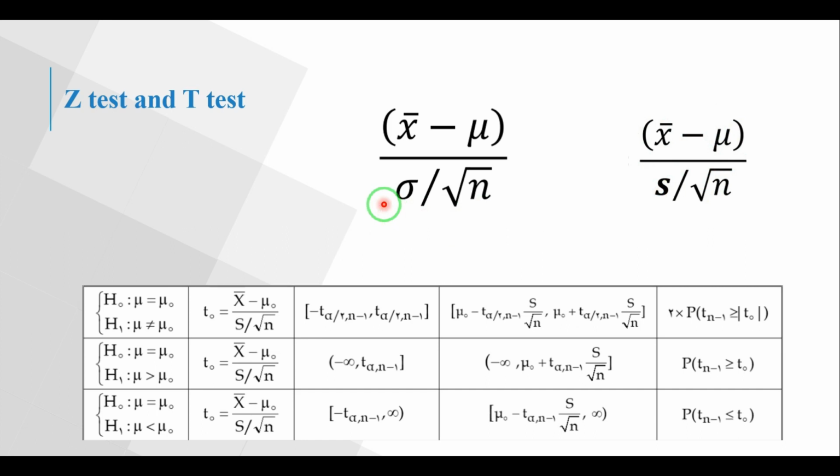In reality, in a project, we usually don't know exactly what the standard deviation of the population is. We always use the t-test statistic in order to analyze the null hypothesis which we have.